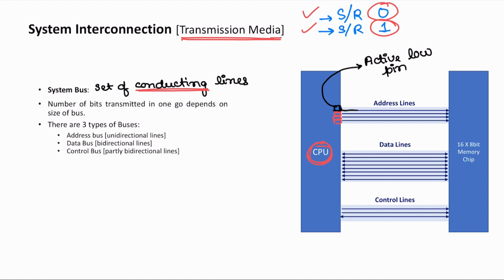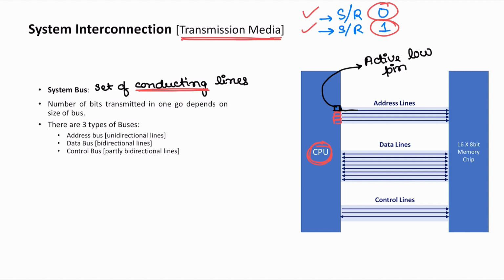That means this pin will be sending or receiving bit value 1 when no current is flowing across the line. Whenever no current is flowing through this line, we say this pin is sending or receiving one bit of information, and the value of that bit is 1.